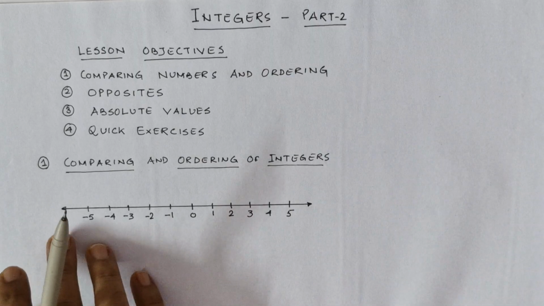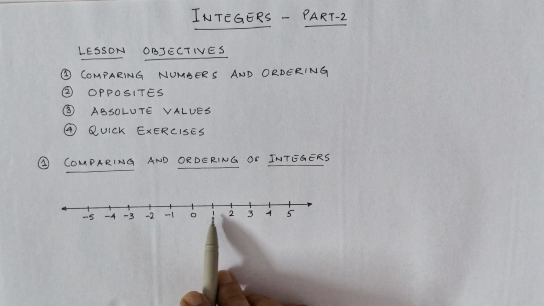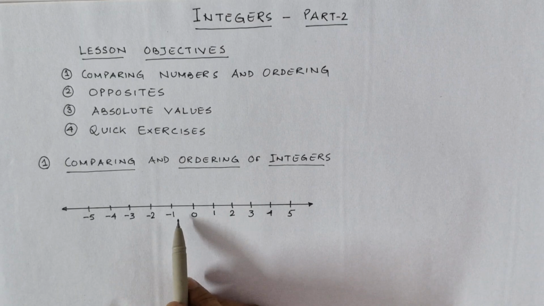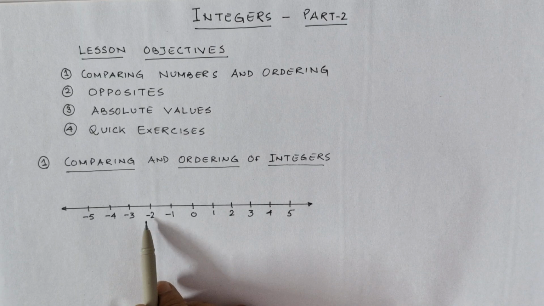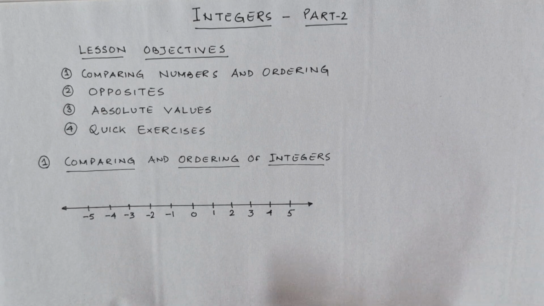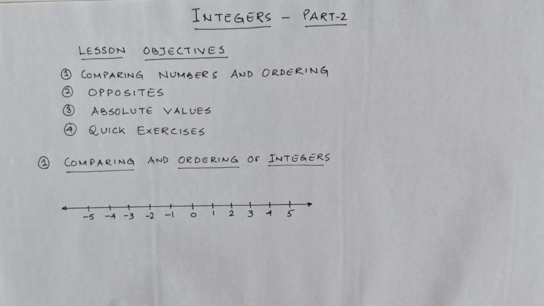Now see, I have already drawn a number line. At the center point it's 0, on the right hand side is positive 1, 2, 3, 4, 5, and on the left hand side it is minus 1, minus 2, minus 3, minus 4 and minus 5.